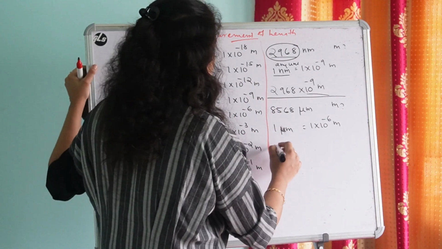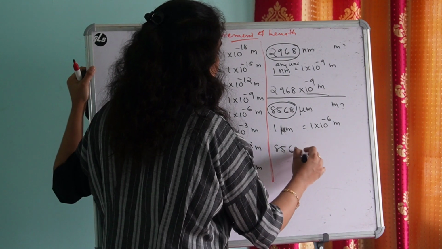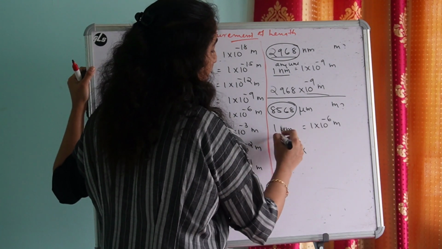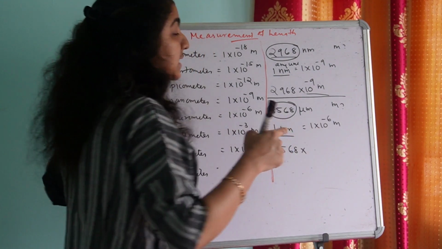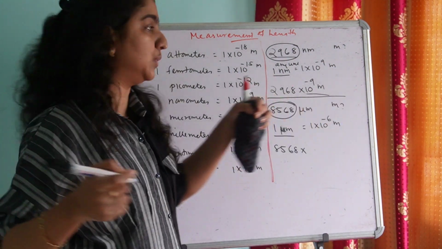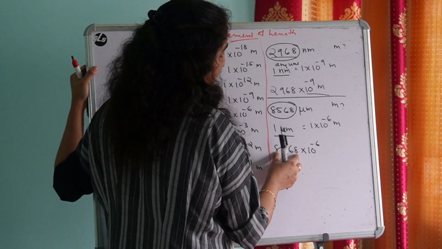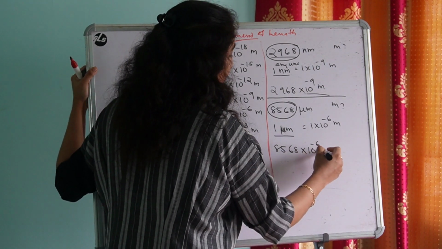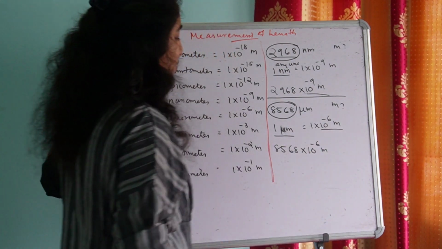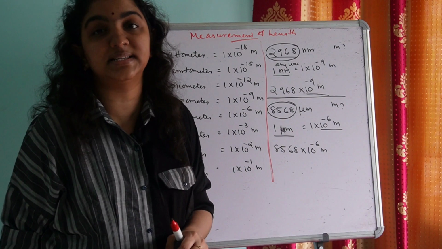So I have to multiply the given numerical value 8568 by 10 power minus 6 meter. So I got the answer 8568 into 10 power minus 6 meter.